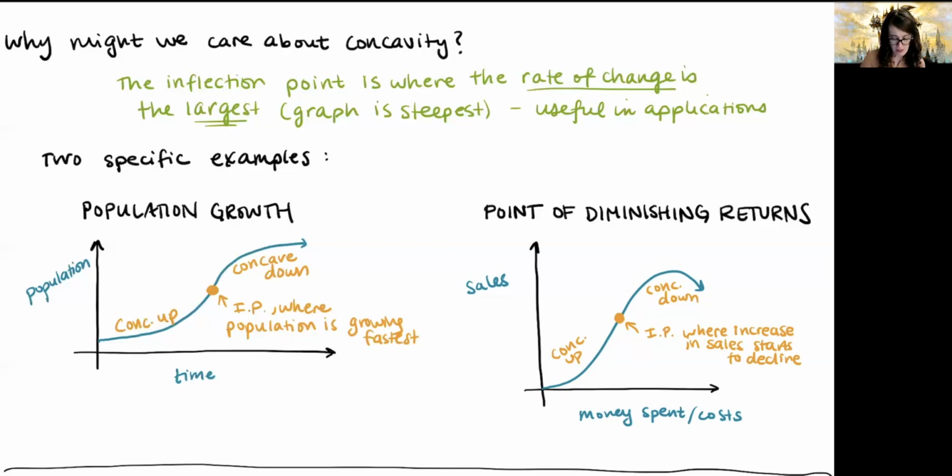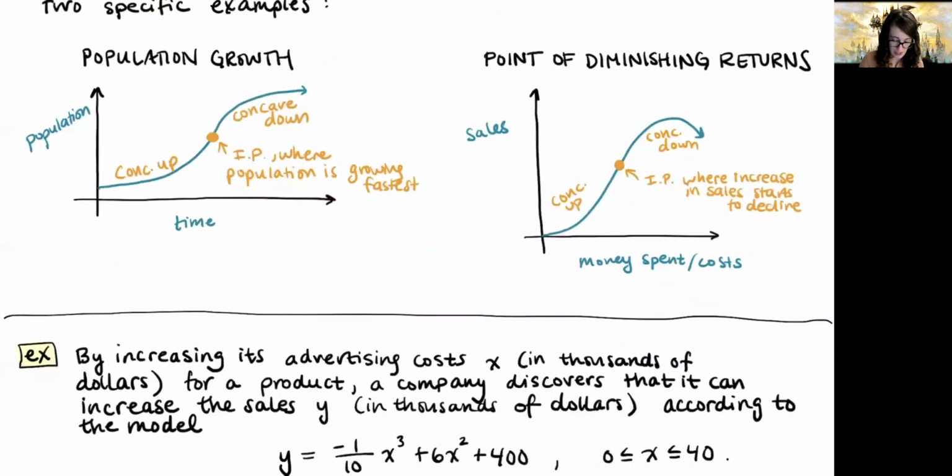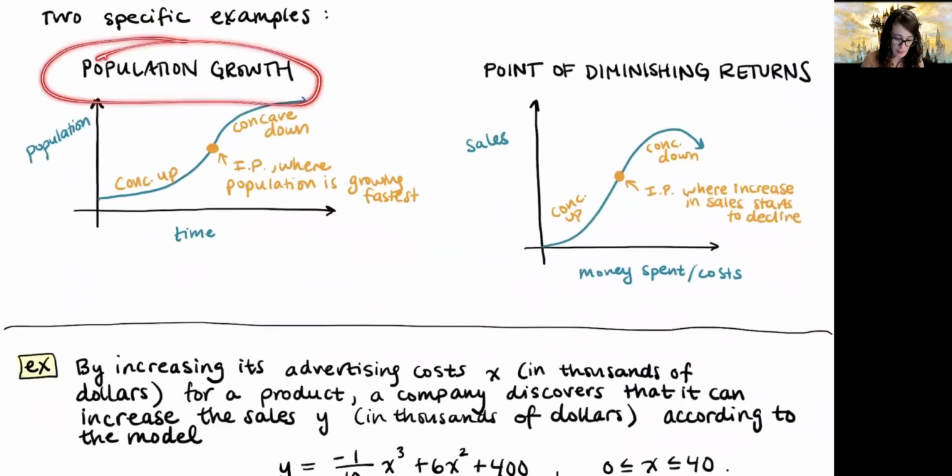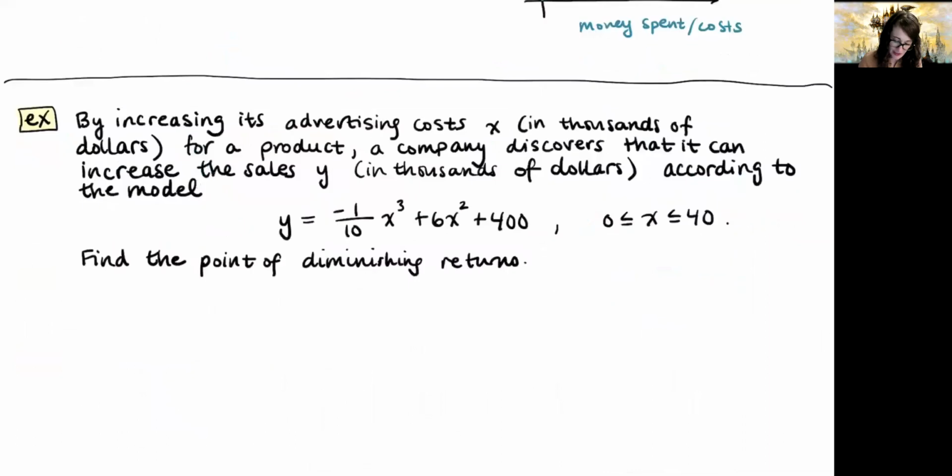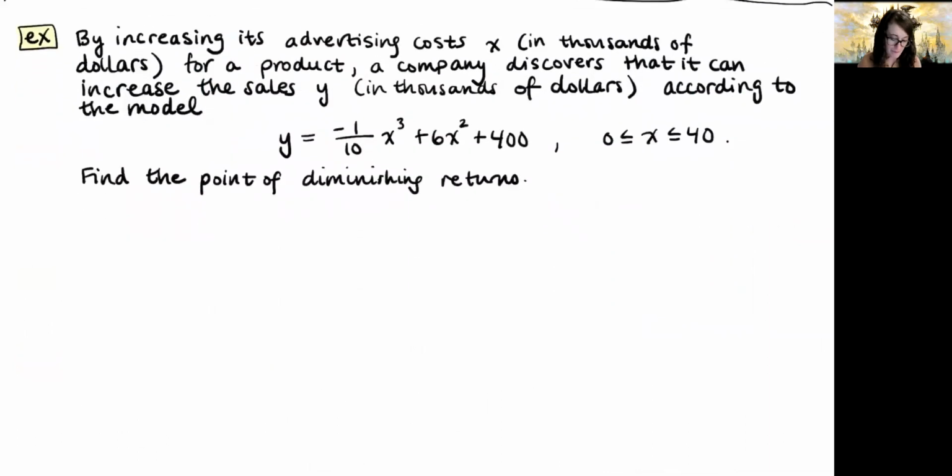Okay, so here's a specific example with diminishing returns. We'll actually come back to this population growth example when we start talking about exponential functions, because then we can get a nice model. This is called a logistic function when we have this shape. So here's a diminishing returns example.